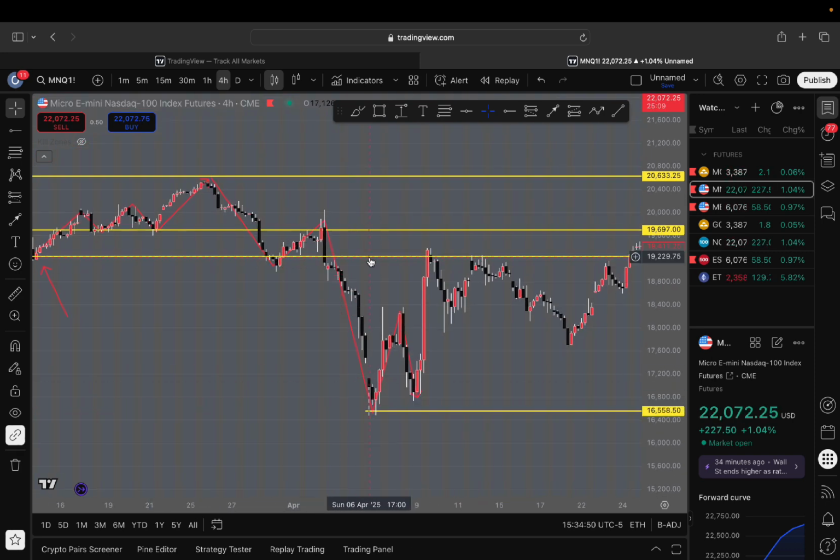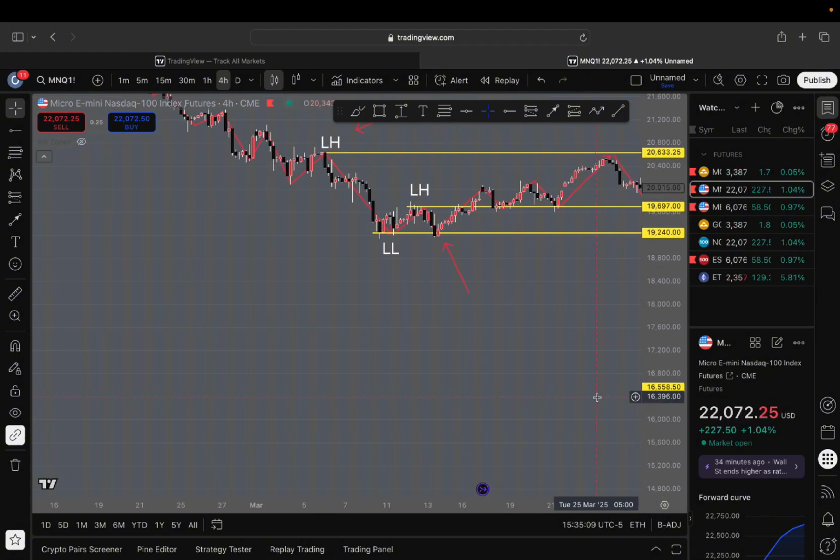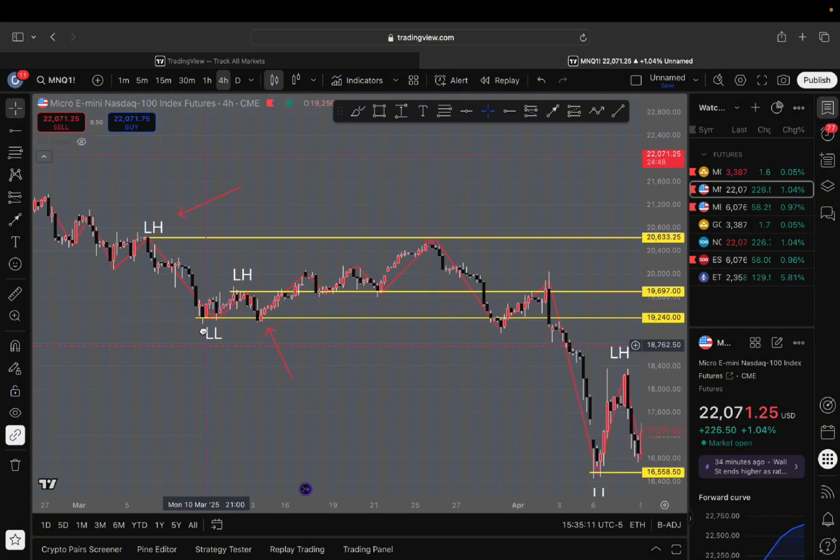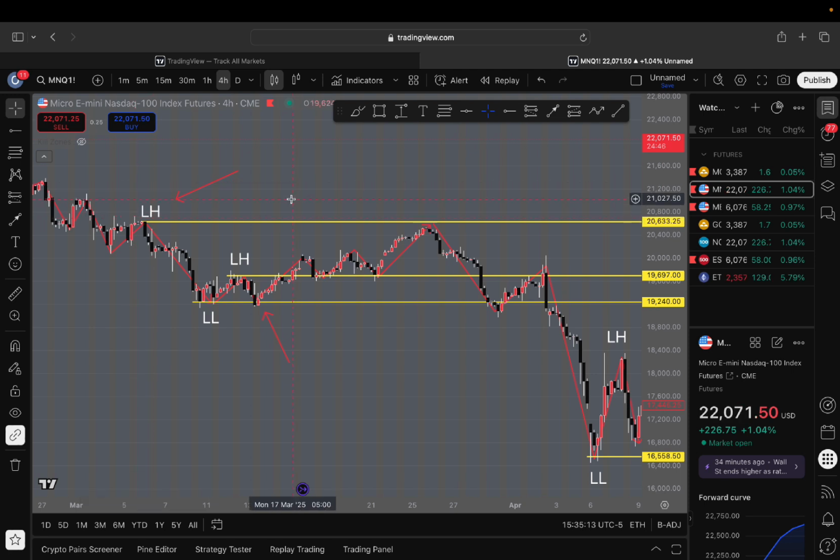All right, same thing for here. This is going to be your lower low. This is going to be your higher low. I mean your lower high. Sorry about that. So this was your lower high, right? This was your other lower high, but it broke.